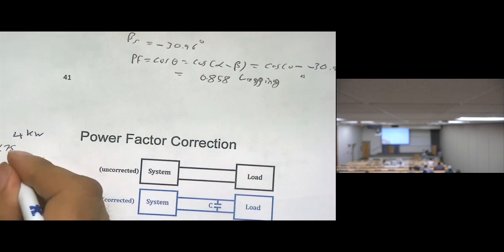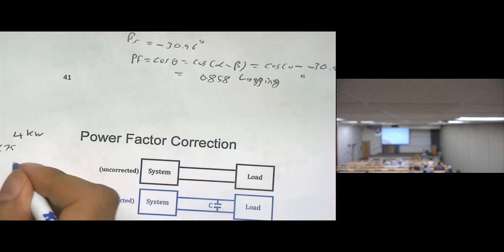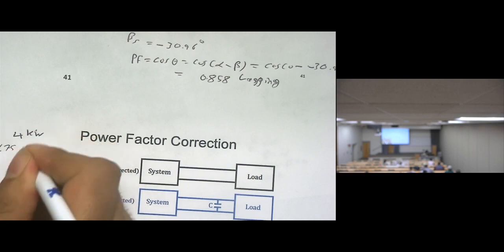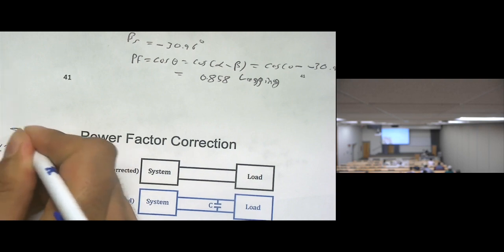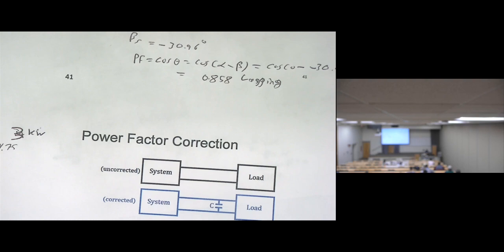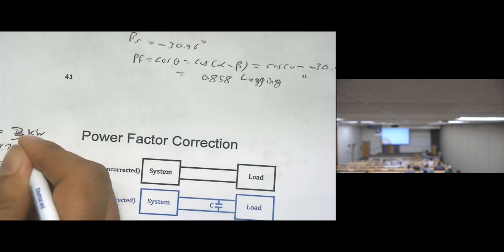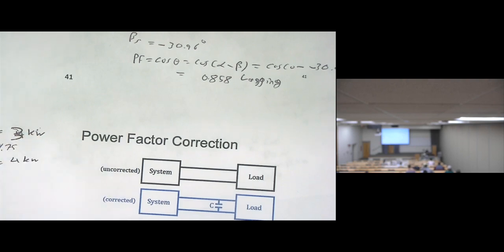Let me assume I need 3 kilowatts, I'm sorry, I need 3 kilowatts, and my power factor is 0.75. So the apparent power needed to satisfy this is 4 kilowatts. So 4 times 0.75 will be 3. How about if my power factor is 50%?